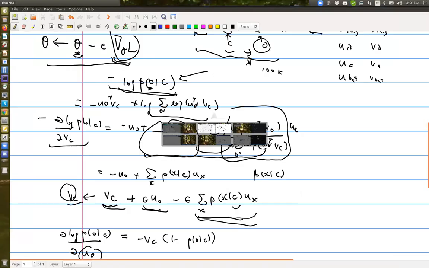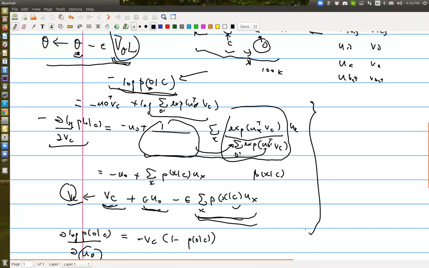As you can see, when we're using the real Word2Vec, which is supposedly a more accurate model, you should consider both the negative and positive. For example, if you have the VC here, you should have VC closer to the UO, but at the same time, you want to make VC farther away from all the rest of the U's.